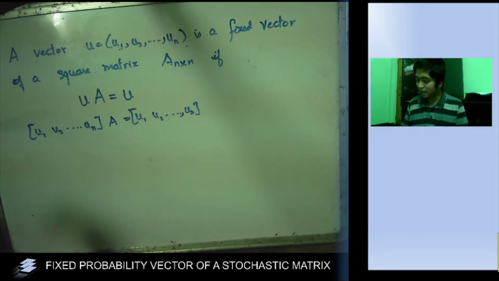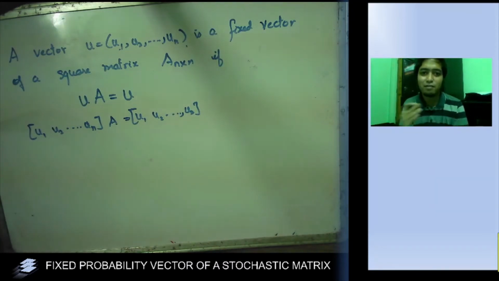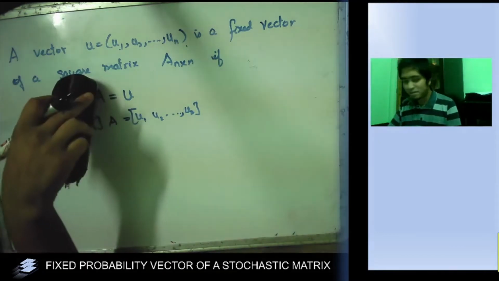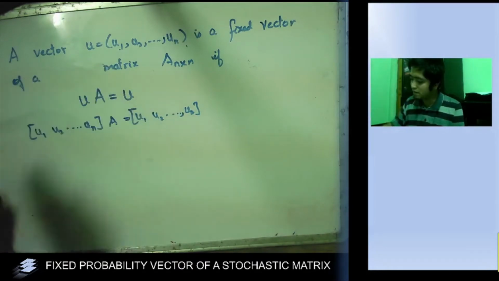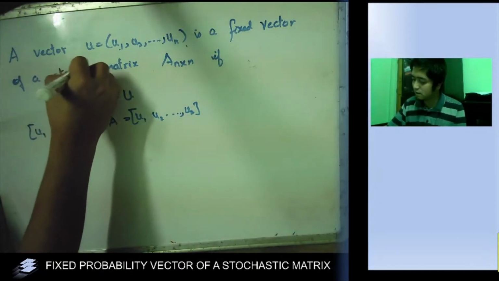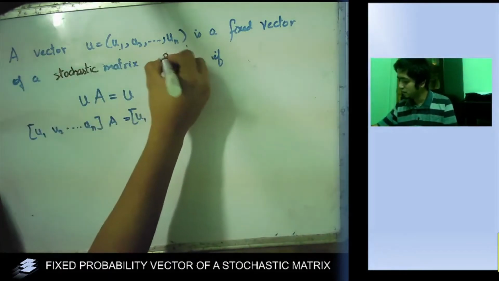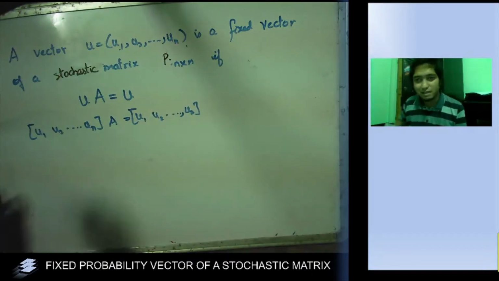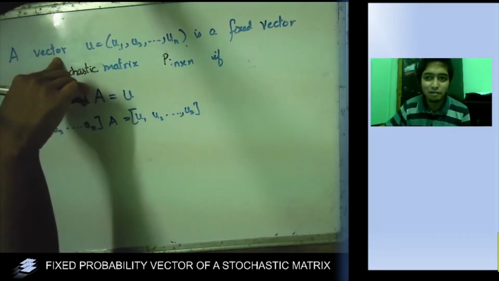So we can actually do more, since we are dealing with Markov chains, and Markov chains relate to stochastic matrices, which we had studied. So over here, instead of a regular square matrix, we can even define it for a stochastic matrix P, let us call it P. Since we are dealing with a stochastic matrix, it will no longer be an ordinary vector.